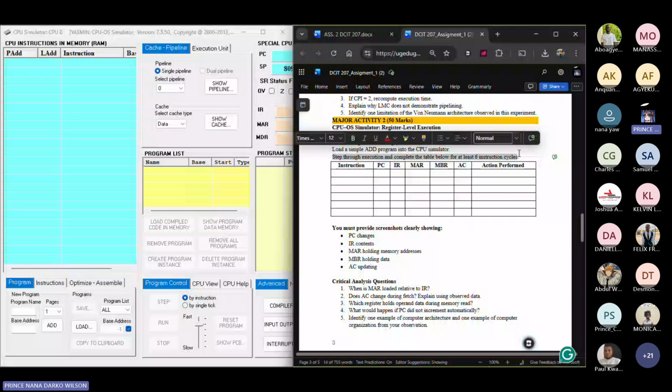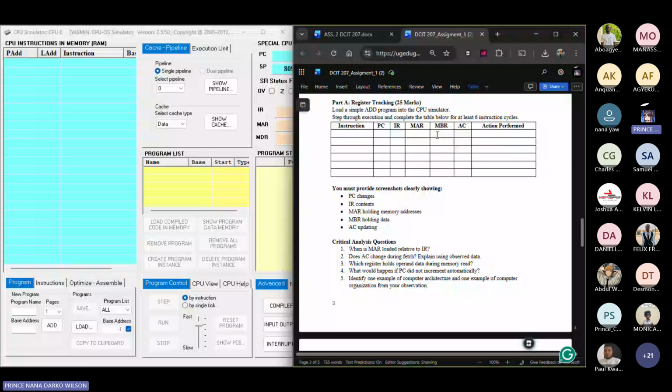And then through that, we complete the table by writing the instruction here, storing the program counter value, recording the instruction register value, the memory address register, the memory data or memory buffer register, the accumulator, and there is no accumulator in this one too. And then we have to outline the action performed.